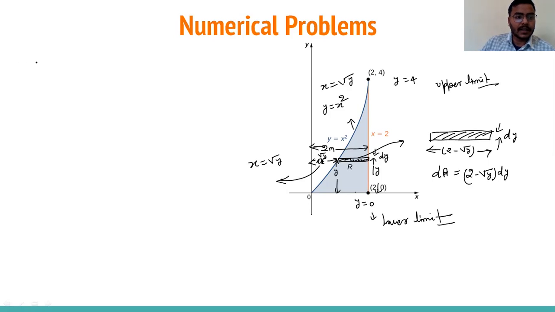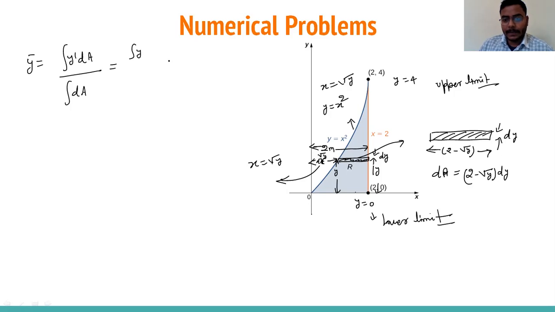Right, now we can write the formula: y bar equals integration of y dash dA divided by integration of dA. Now, what will be y dash? y dash is the distance of the centroid of the segment from the x-axis. For this segment, the centroid will be somewhere here, so the distance from the x-axis would be y. So in place of y dash, we can write y.